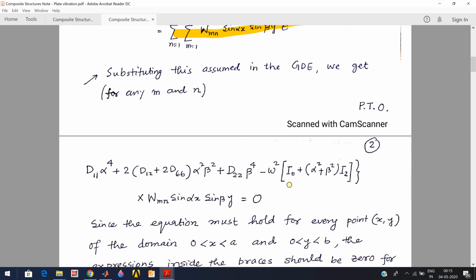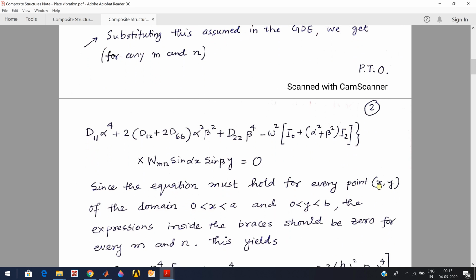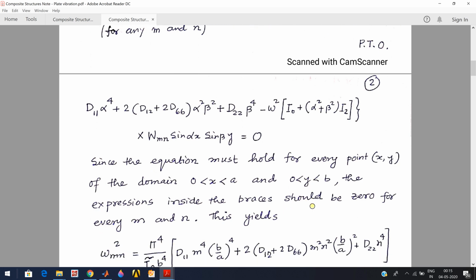And now we see that this equation will be holding for every point x and y of the domain, and therefore the expression written in here will be valid, such that the bracketed term here will be... sorry, there is one bracket missing here.